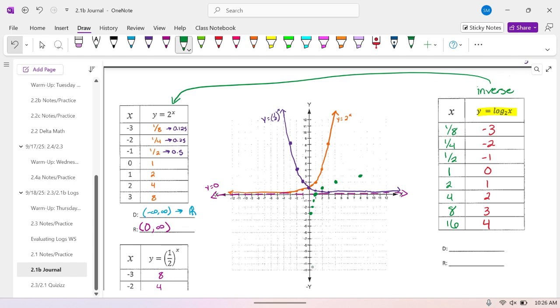So if we were to draw it, it would look like this. So this would be y equals log base 2 of x.